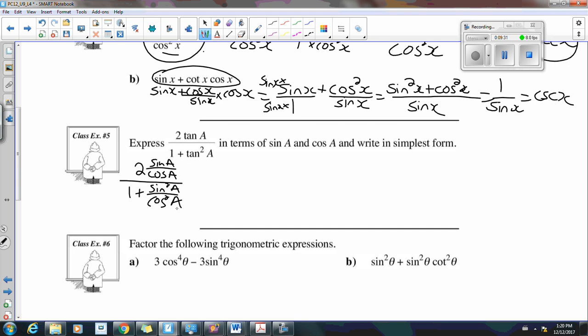Now it's tempting to start canceling things out here, but we cannot cancel things out when we have an addition sign. So I'm going to make a common denominator on the bottom with this 1, so that I can add these together. So I need a denominator of cos squared A, so I'm going to multiply by cos squared A on the top and the bottom.